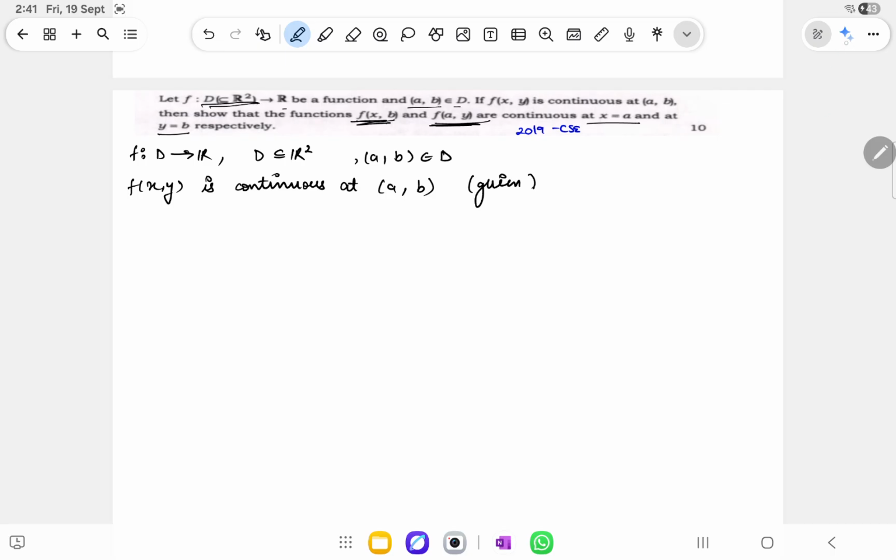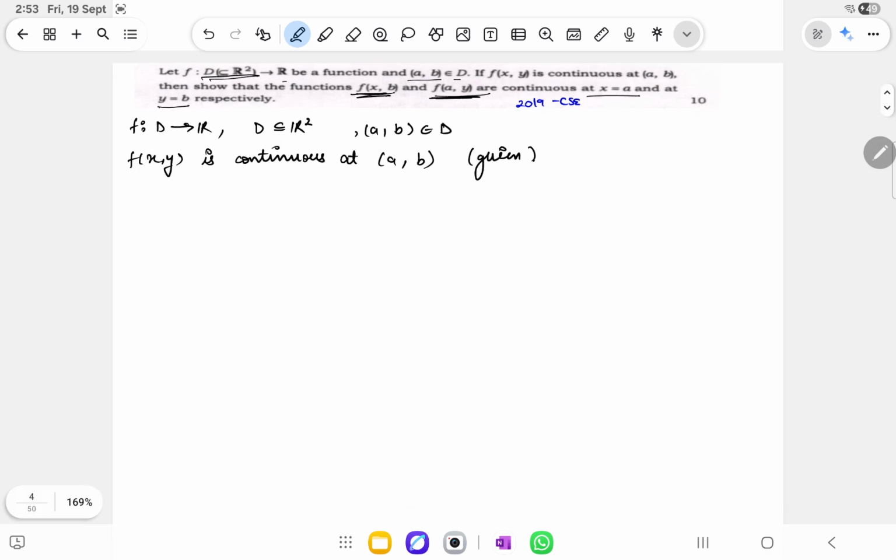So epsilon delta: since f(x, y) is continuous at (a, b), that means the limit of f(x, y) as (x, y) approaches (a, b) is equal to f(a, b).